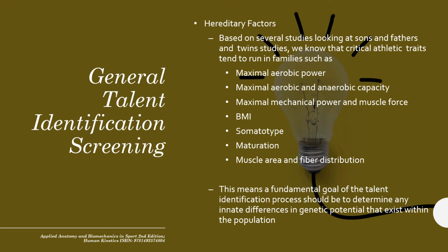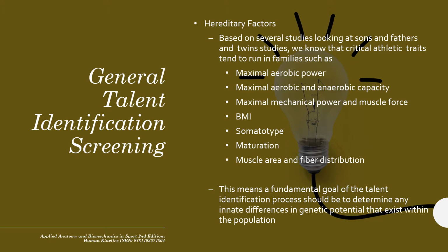BMI and somatotypes are kind of your body shape and your body makeup, as well as maturation times and muscle area and fiber distribution. So all of these things are going to be incredibly important and tend to be inherited. This also means that a fundamental goal of the talent identification process should be to determine any innate differences in our genetic potential that exist within a population.